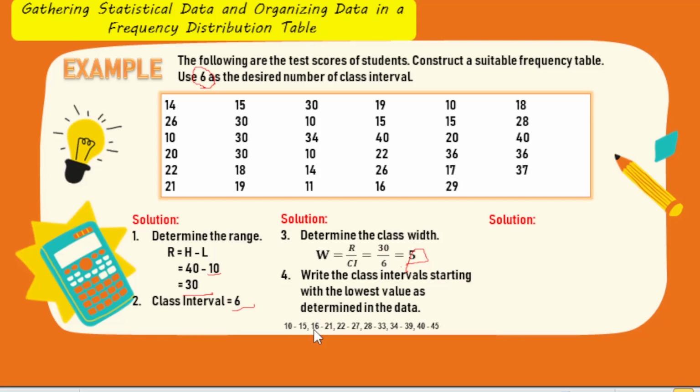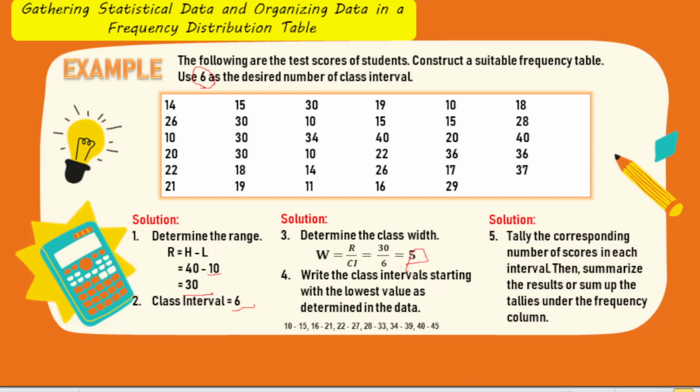Then, the next after 15 is 16, so 16 plus 5 is 21. Then, next is 22 plus 5 is 27. Then, 28 plus 5 becomes 33. 34 plus 5, 39. 40 plus 5, 45. So, our class intervals are 10 to 15, 16 to 21, 22 to 27, 28 to 33, 34 to 39, 40 to 45.